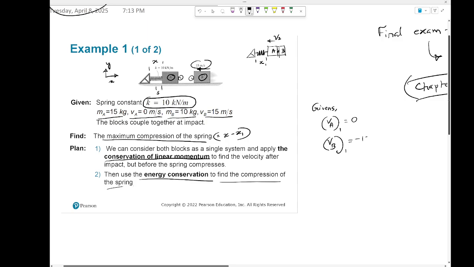And block B is negative 15. How do I write negative 15? You see my x and y convention? That's the convention that I use. Joe, you may use a different way, right? You may use y opposite to the direction of y, and x opposite to the direction of x. It really doesn't matter which way you are thinking, right? Ultimately, it is going to give you the same solution. And the k, what is k again? People use k for what? Spring constant. So you may want to write it here one more time. Spring constant.